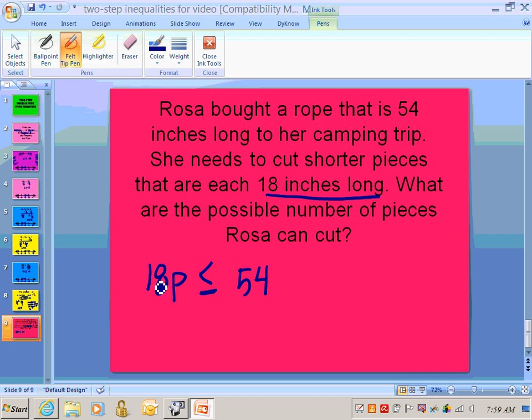So the number of pieces times 18 has to be less than or equal to 54 inches. So just to solve this, we need to divide by 18. And it goes in three times. So P less than or equal to 3.